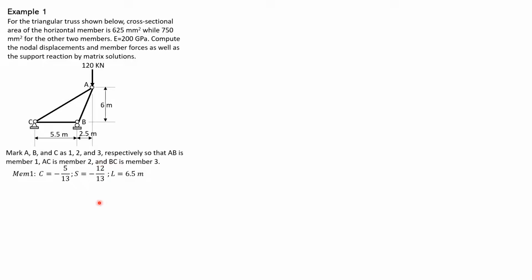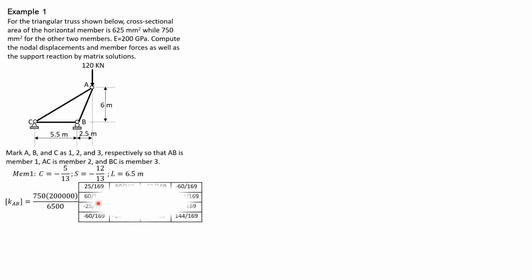So the global stiffness of member 1 is area times E over length times the quantity: cosine square, CS, negative of C square, negative of CS; then CS, S square, negative of CS, negative of S square.